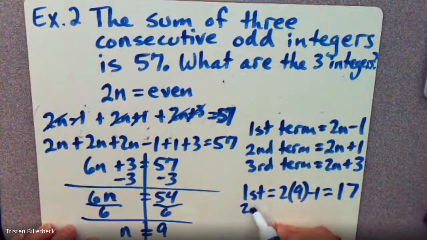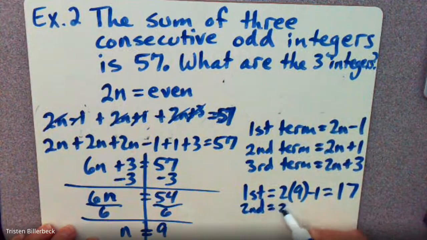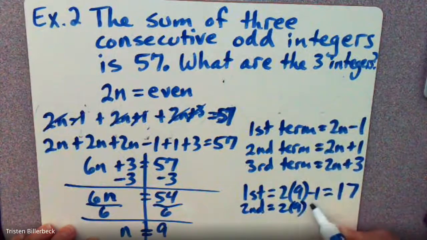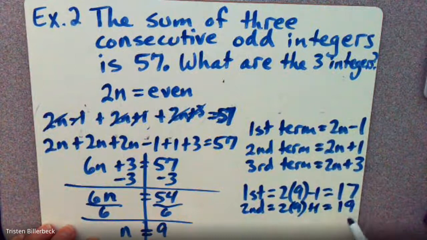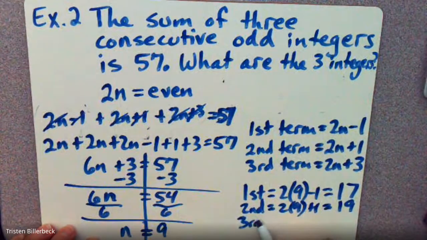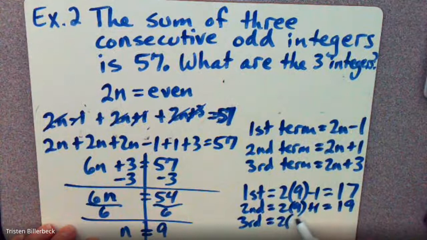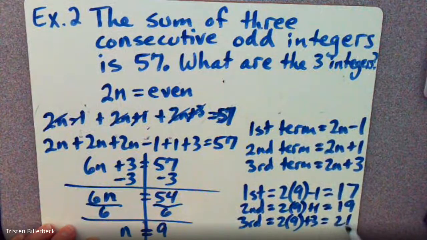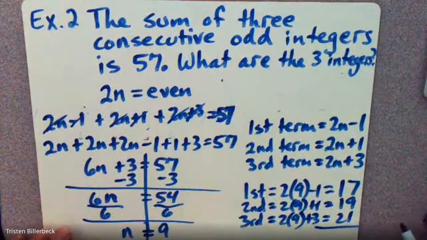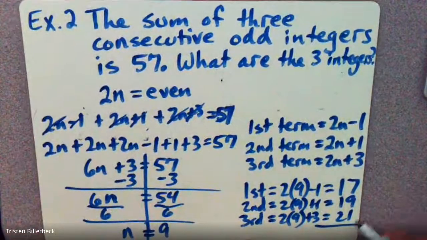The second is 2 times 9 plus 1. So that's 18 plus 1 is 19. The third term is 2 times 9 plus 3. So that's 21. Now I check because that's a very smart thing to do.